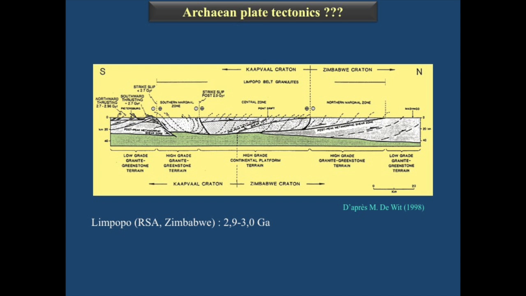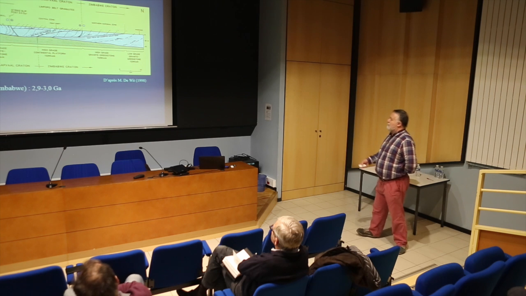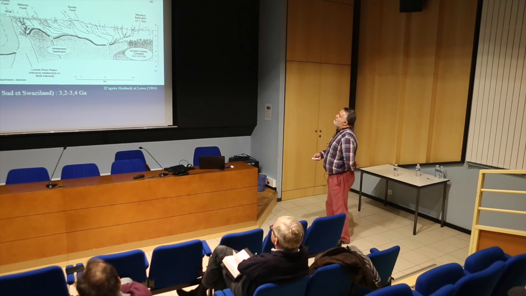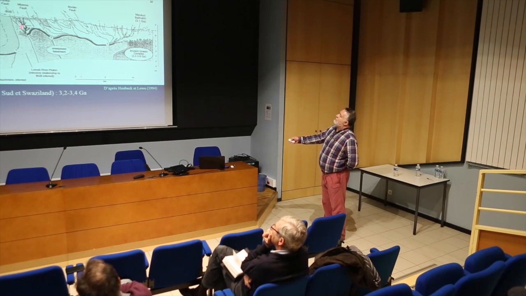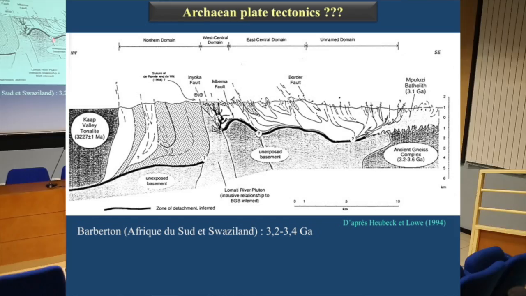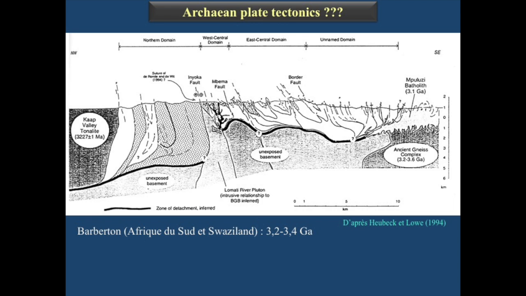So very big horizontal structures consistent with plate tectonics. The same has been described here in older terrains in the Barberton. It was refolded, but there is also some big thrusting. This kind of thrusting has also been described in the Baltic Shield, and some people describe it in Greenland and in many places. So, okay, there are horizontal structures.